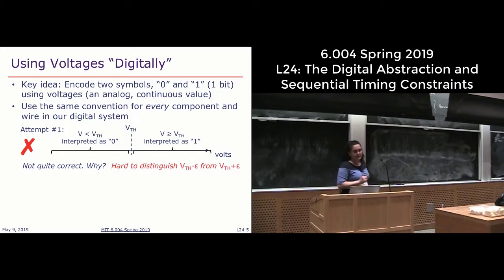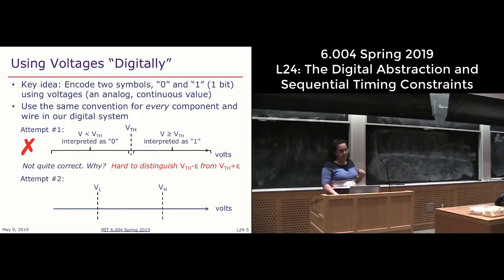So what happens if my voltage is just an epsilon less than this threshold voltage, and so I want it to be treated as a logic 0, but maybe I'm going to make a mistake and not be able to read it exactly and actually read it as the threshold voltage plus epsilon, and so I'm going to mistake this 0 to be a 1 when it shouldn't have been?